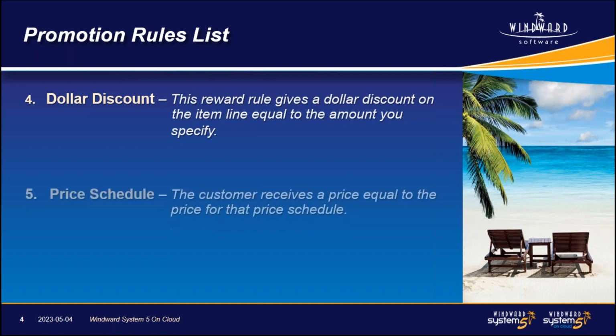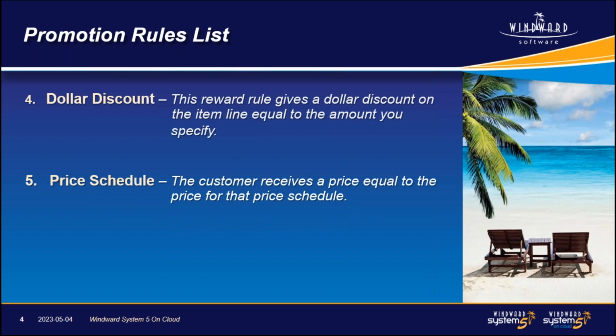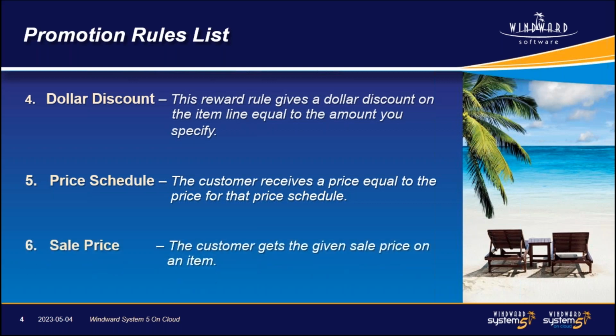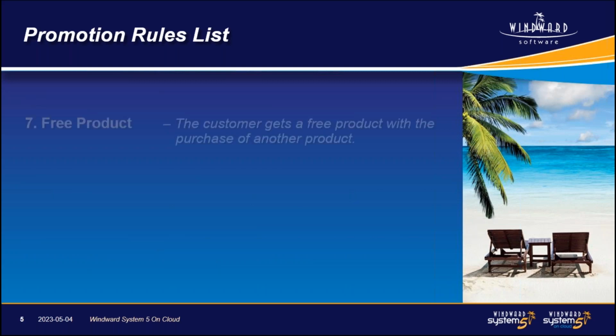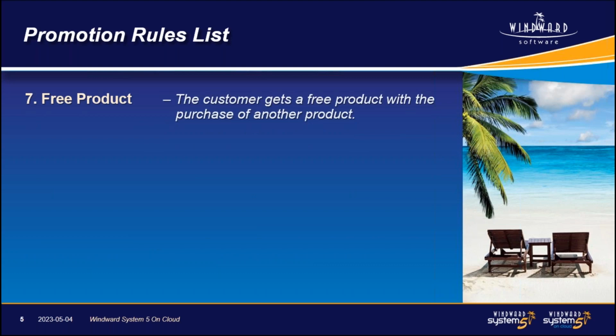Next, we have price schedule reward rule. The customer receives a price equal to the price for that price schedule. And then we also have sale price reward rule. The customer gets the given sale price on an item. Next, we have free product.